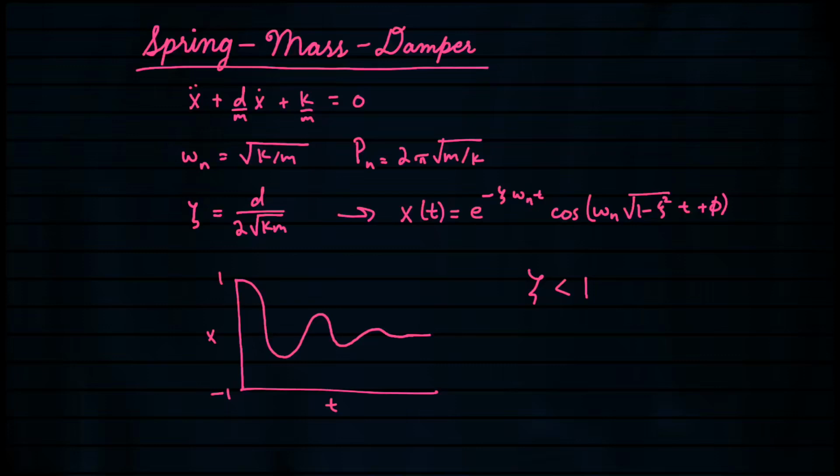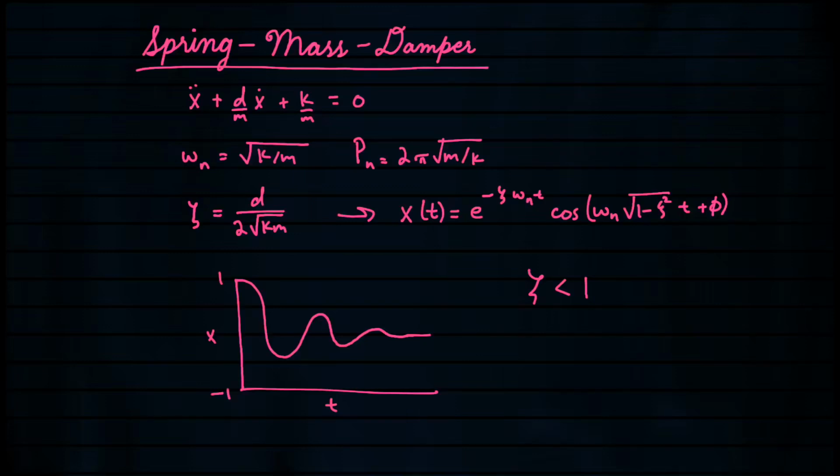Okay, so when this is 0, we call it undamped, when it's between 0 and 1, it's called underdamped, when it's equal to 1, it's called critically damped, and when it goes greater than 1, it's overdamped. In other words, you'll never get an oscillation out of it, which makes sense. Then you just get the decay of the motion.